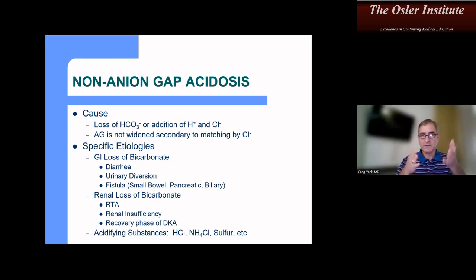But if the mechanism is working correctly and the bicarb actually goes down as the chloride goes up because of electrical charge compensation or balancing, then it results in a non-anion gap acidosis. And these are the things that allow for that. GI loss of bicarb. But what happens when you have GI losses of bicarb? The body retains sodium. What comes along with sodium? Water and chloride. So that balances out the negative charge, and so it presents as a non-anion gap acidosis.